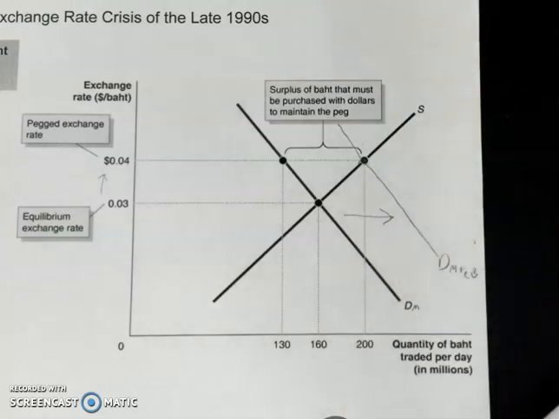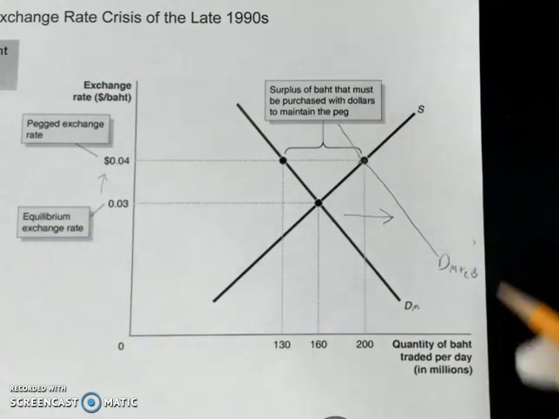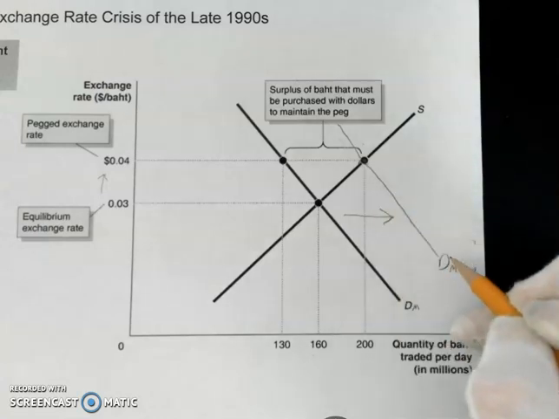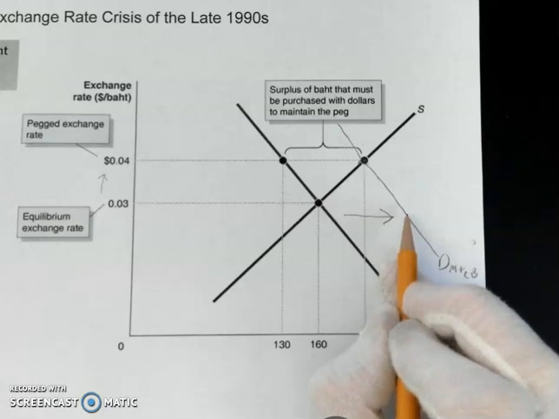We know that they're going to have dollars because the dollar is the international reserve currency and pretty much every central bank holds US dollars. The problem for Thailand is they're eventually going to run out of dollars. And so this increase in demand for baht is not going to be sustainable.